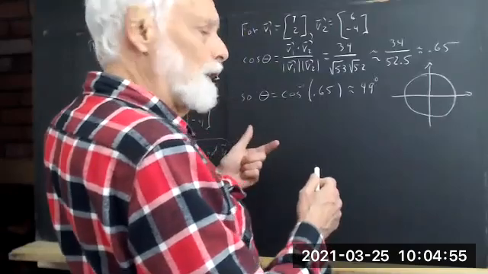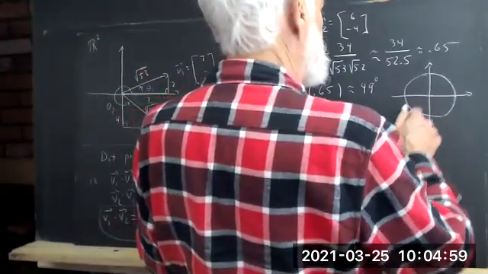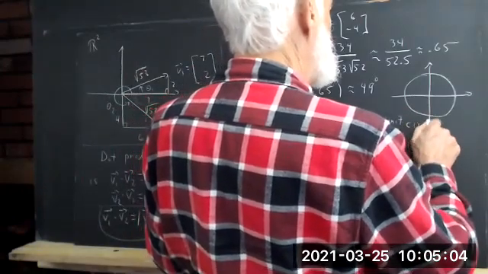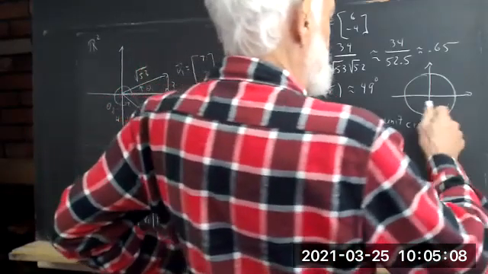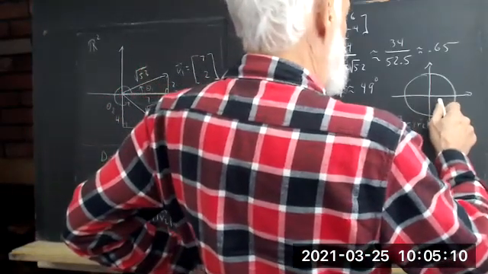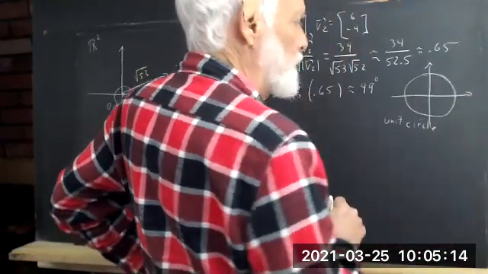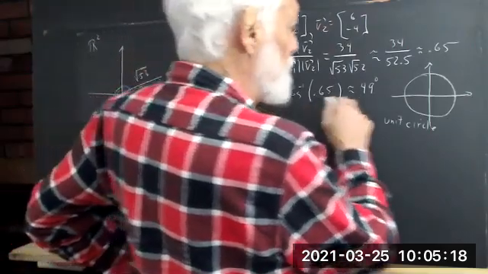Because the cosine of an angle on a circle of radius 1, this is a unit circle, is going to be the x-coordinate of the corresponding point on the circle. And if the x-coordinate is 0.65, that's about 2/3.